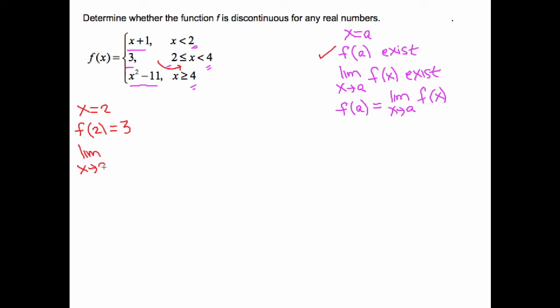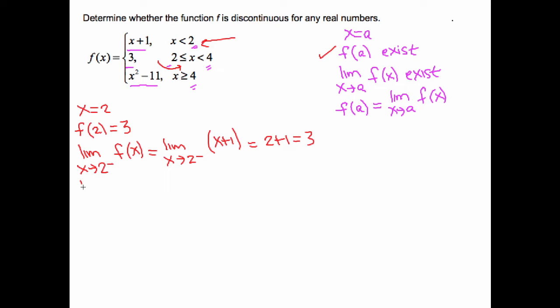If I'm looking at the left-hand limit, I'm choosing values of x that are less than 2. That places me in the first function. So I have the limit as x approaches 2 from the left of x plus 1. What is that limit? Well, I can evaluate directly. It looks like that limit is 3.